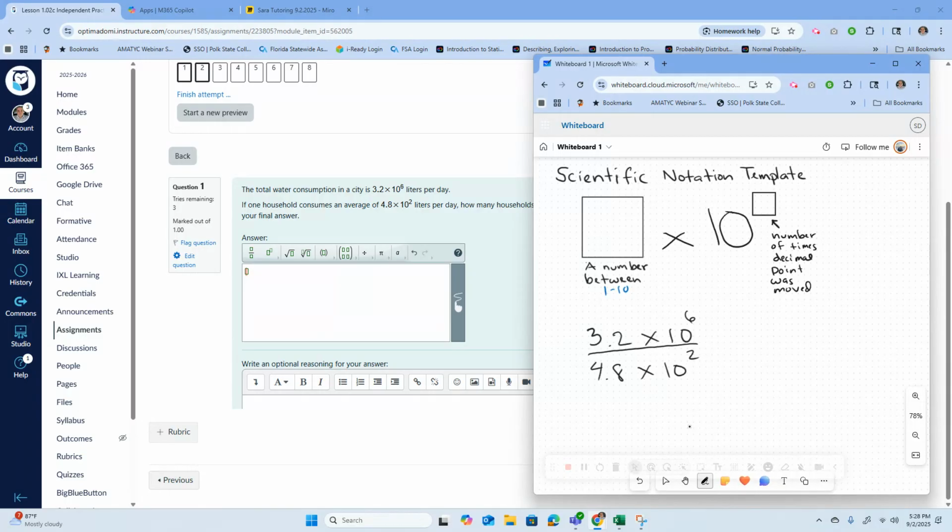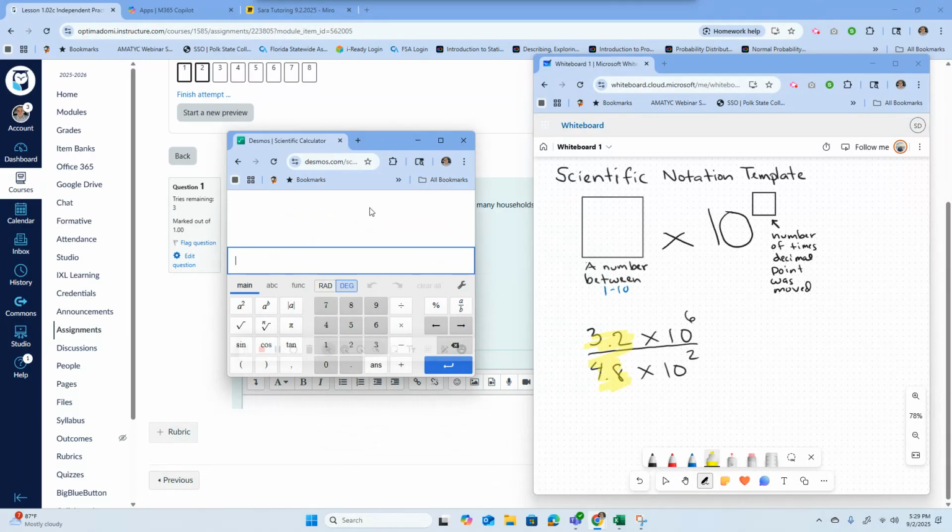Now, the way you divide scientific notation, you divide the coefficients with the coefficients. So these numbers, you're going to divide. And you can use the calculator for that here. So, for example, I'm going to get my calculator, and I'm going to divide 3.2 by 4.8.